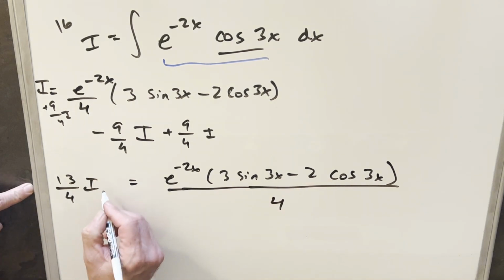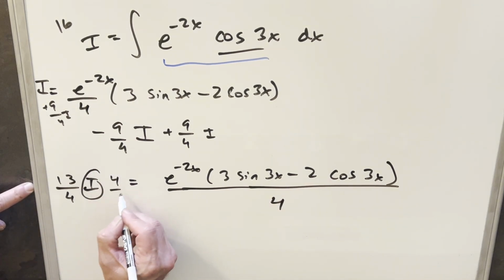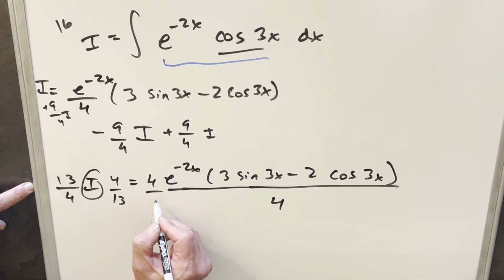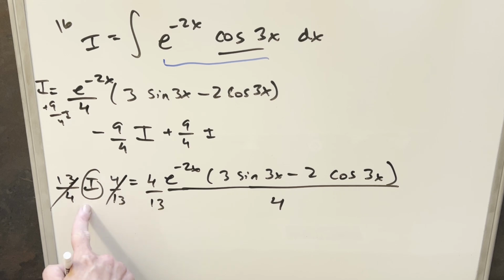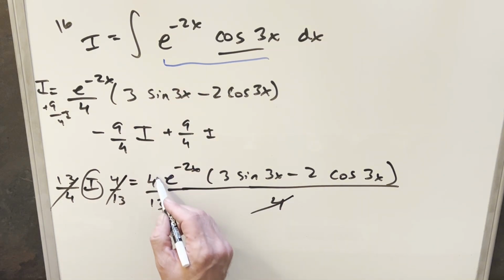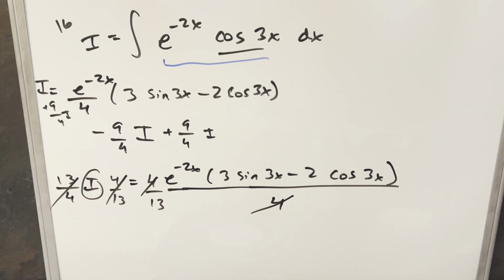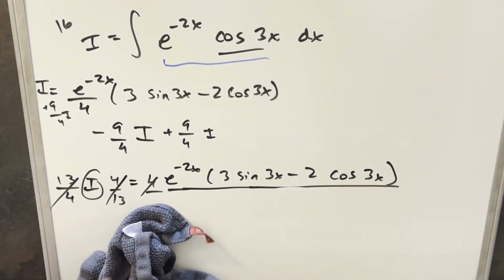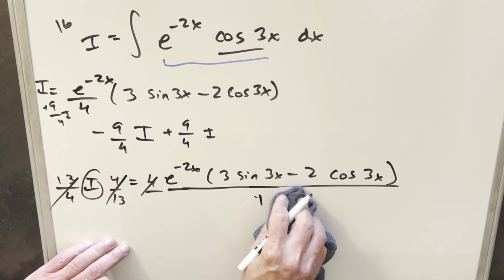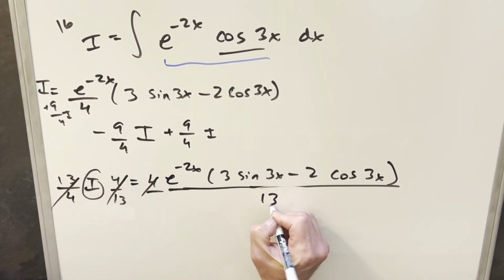Then what I need to do to isolate our solution, multiply by 4 over 13 on both sides. Multiply by 4 over 13 here. This cancels. So this whole thing's just going to be our answer. But I can cancel the 4s. And I think to try to make it look nice, right, for like the thumbnail or whatever. Well, not really the thumbnail, but let's just clean it up. And we'll put a 13 here.